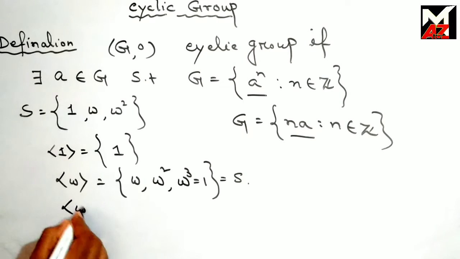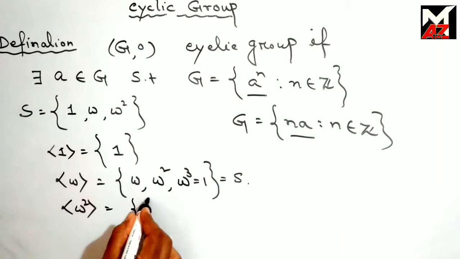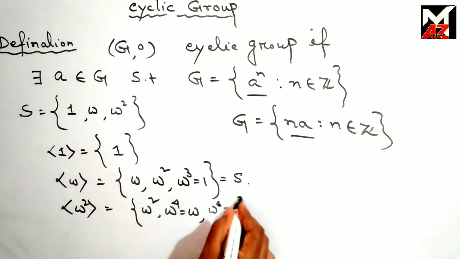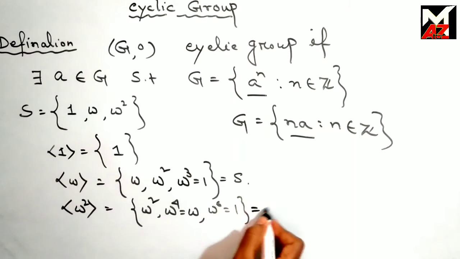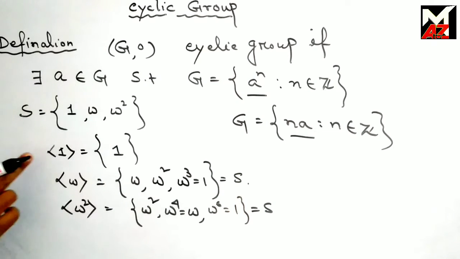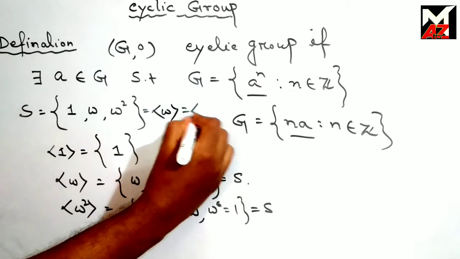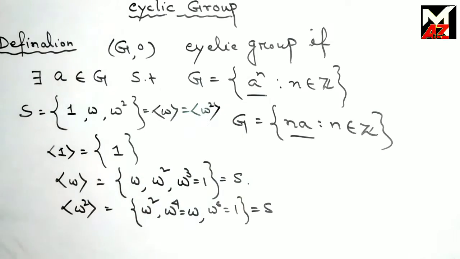Similarly, if we generate omega square, then we get omega square, omega to the power 4, that is, we know that it is omega, and omega to the power 6, this is 1, and this is also S. So we can say this group is a cyclic group, and it is written as generated by omega or generated by omega square.